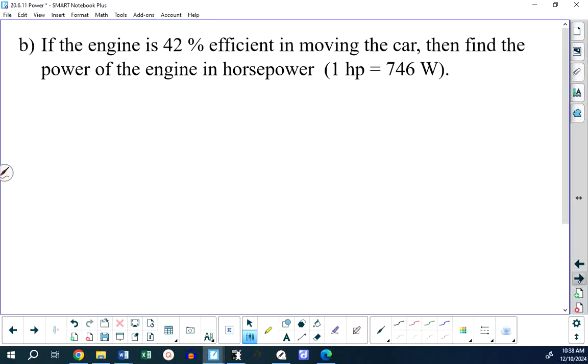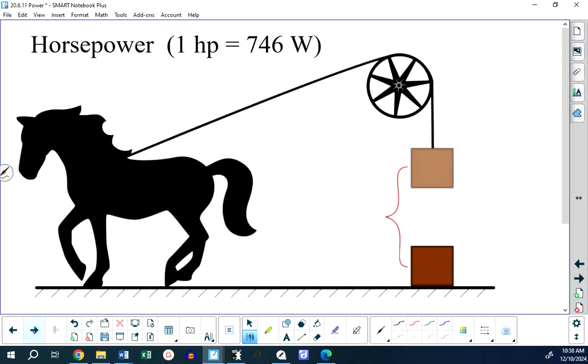If the engine is 42% efficient, what's the power of the engine? So what this means is 42%, and we're going to talk about the horsepower in a second. Well, I'll talk about it now. This is how horsepower was traditionally defined. And there's still different definitions of it, and that's why I say it's about 746 watts.